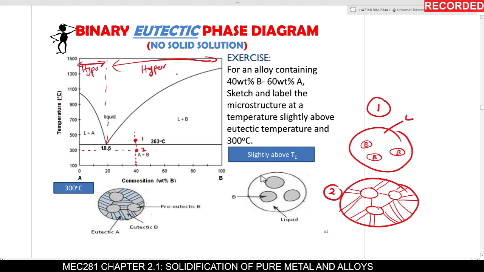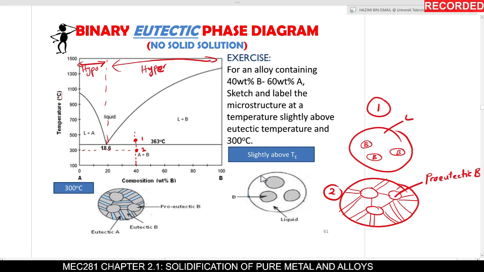Why do we have to know whether it is hyper or hypo? Because of the proeutectic. For this point 2, it is in the hyper region. Yep, hyper. So the proeutectic is B, not A. So you have to put the name here, proeutectic B. Okay, that's it.